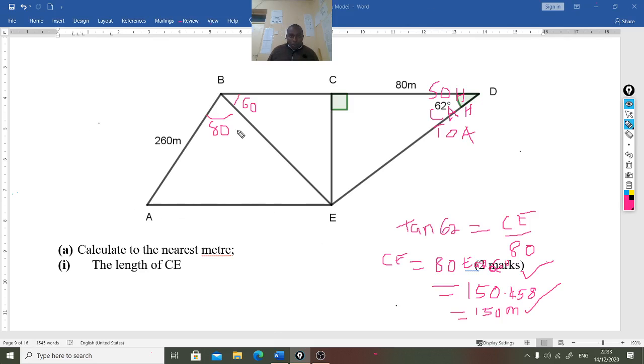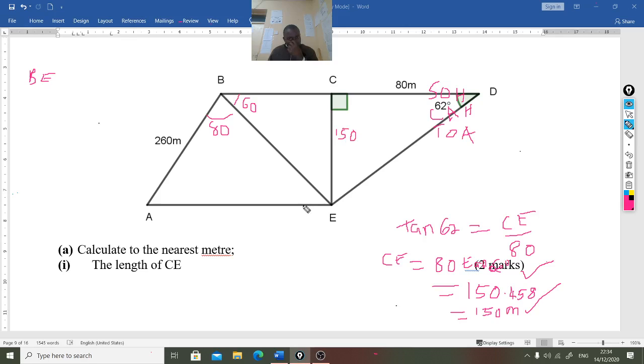So first of all we find BE, B to E. Remember CB we don't have, but we have this one to the nearest meter as 150. We have found it to be 150.